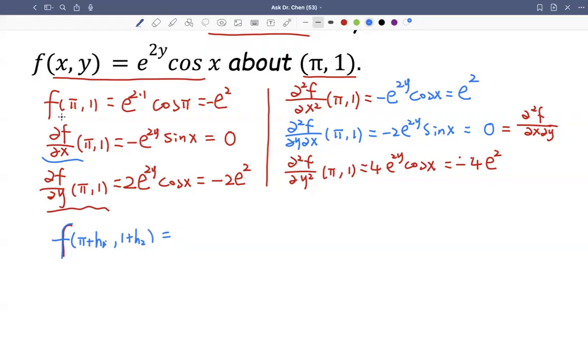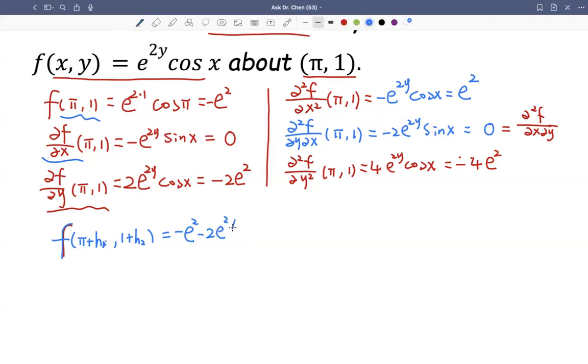So first we have the function value, the first term, which is negative e to the second power. Then the first derivative. The first derivative in the x direction is 0. In the y direction, we have minus 2e squared multiplied by the difference in the y direction, which we could write as h2.